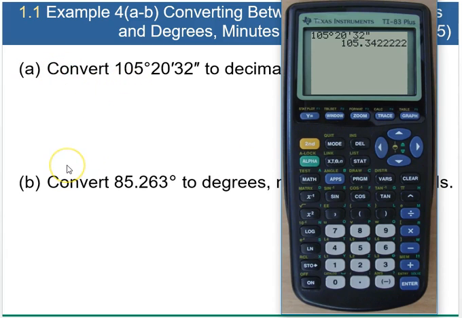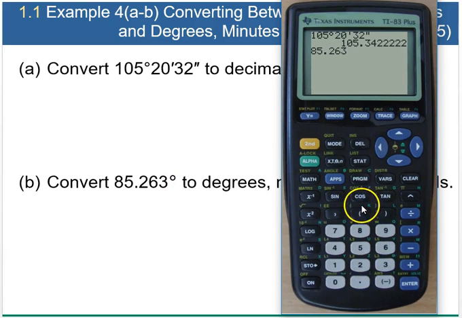Now part B, again, I'm going to show you on the calculator. Right here, go back to second apps. This will convert any decimal degrees to degrees, minutes, seconds. That's what that means, DMS, degrees, minutes, seconds. Let's go back to that home page and put in 85.263.